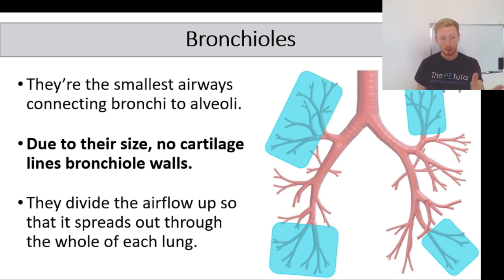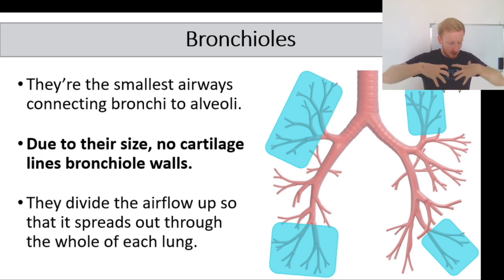Now it's important that we divide this airflow, because if we just had this one trachea pipe come in, well, all of that air is concentrated in one section. And what you'll realise when we talk about gaseous exchange is that we need opportunity. We need a large cross-section, or cross-sectional area as it's also called.